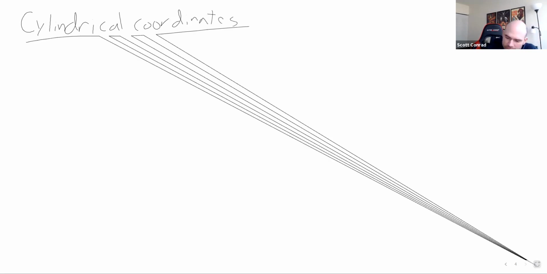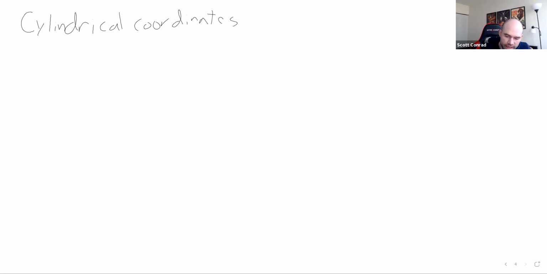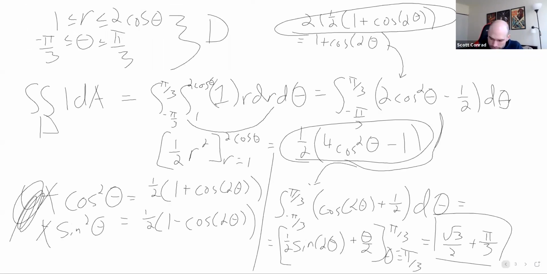Just to emphasize, polar coordinates are a different coordinate system that make it easy to describe regions bounded by circles and lines through the origin, like sectors of annuluses and other stuff bounded by circles.